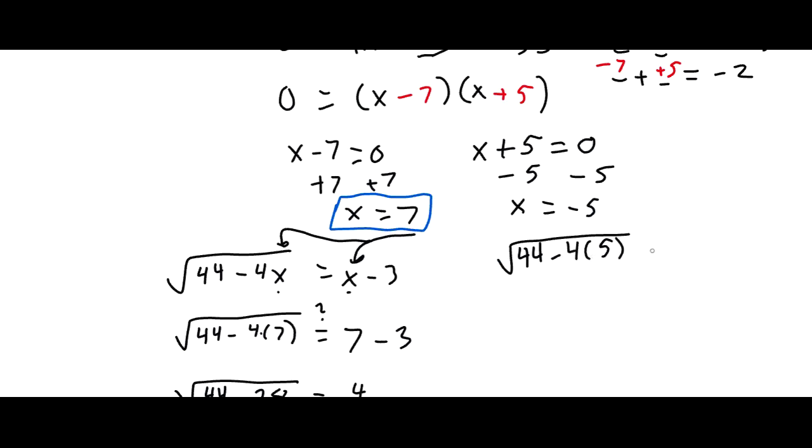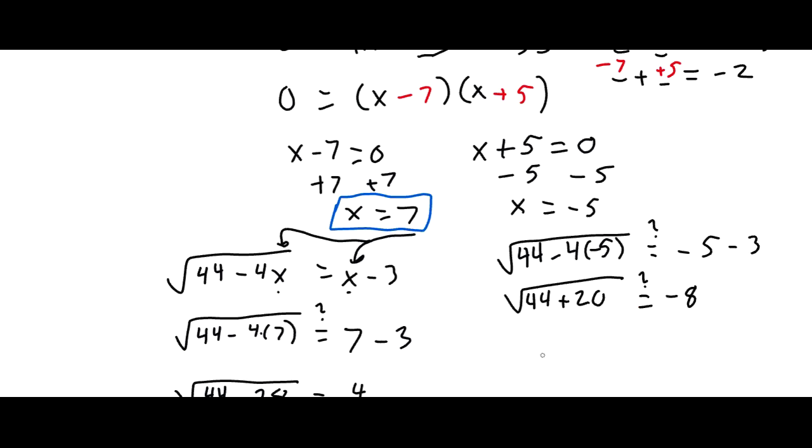Nope, sorry, 4 times negative 5 equals negative 5 minus 3, which means you have a square root of 44 plus 20, because a negative 4 times a negative 5 is a positive 20. And we're wondering, does that equal negative 8?